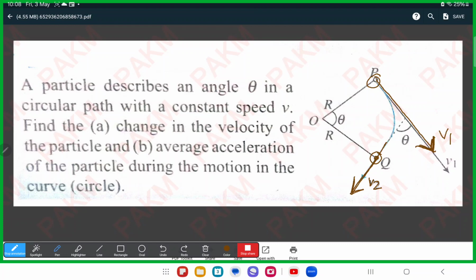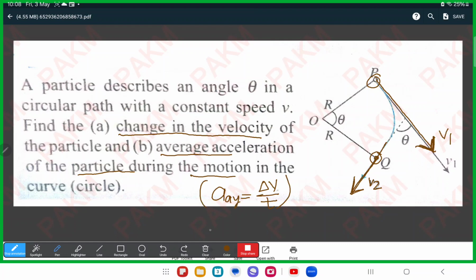Part 1 is the change of velocity of the particle, and then the average acceleration of the particle during the motion on the curve. So these two things we have to calculate. As you know, once you have calculated the change in velocity, dividing it by time will give you the average acceleration for sure.